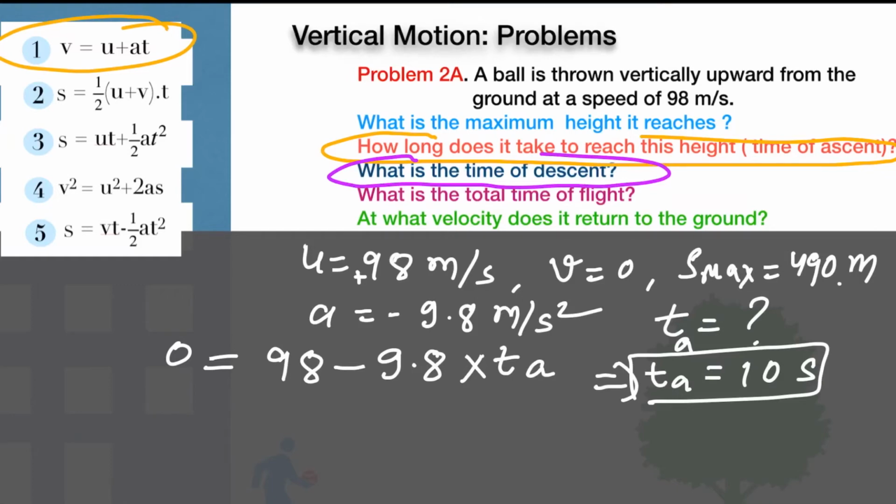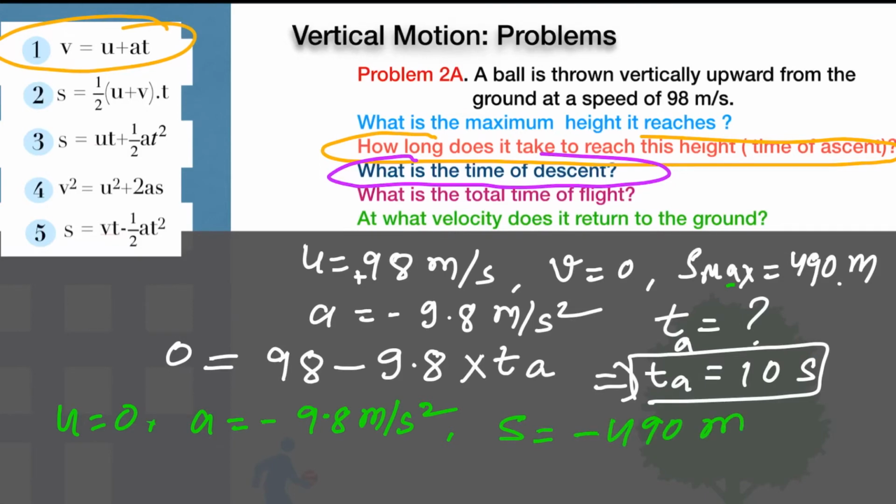So now we will check this from the perspective of the ball being dropped from the highest point. In that case, the initial velocity is 0, right? And the acceleration is the same, minus 9.8 meters per second squared. The displacement is S maximum because it's coming from the highest point to the lowest point, the ground. So displacement S is minus 490 meters because it is now in the negative direction.